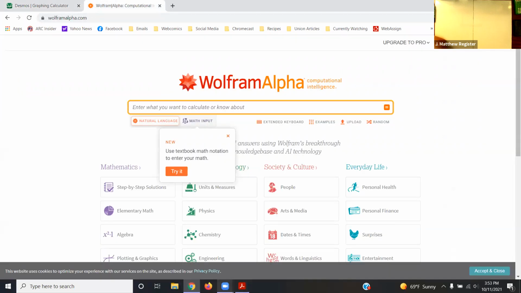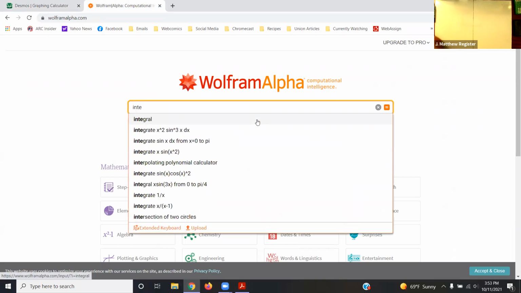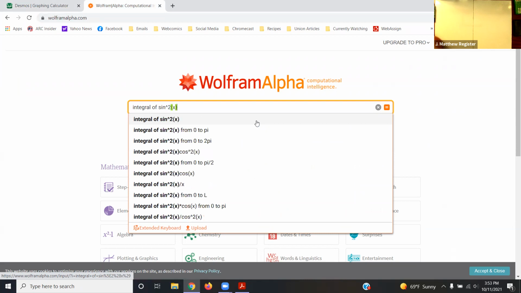And let me see if I can pull it up real quick. Here's our good friend Wolfram Alpha. Let's say we want to find the integral of, how about sine squared of x dx.